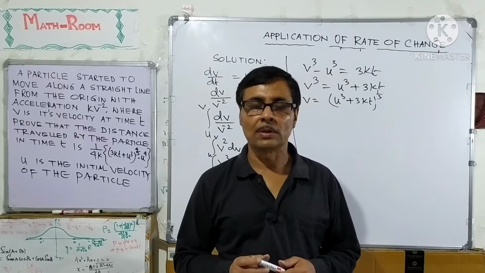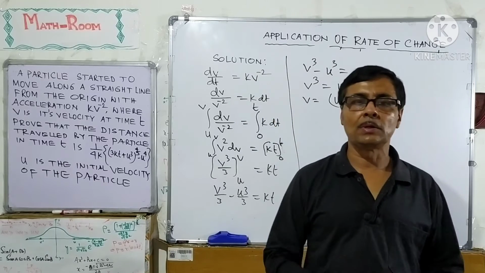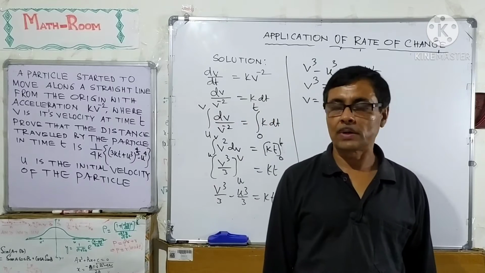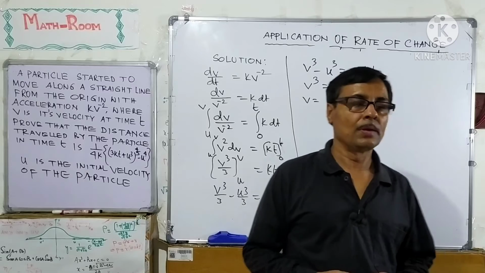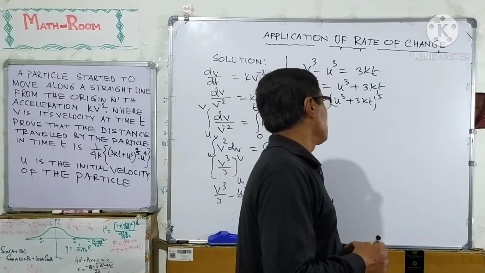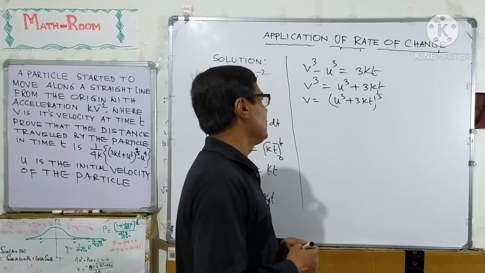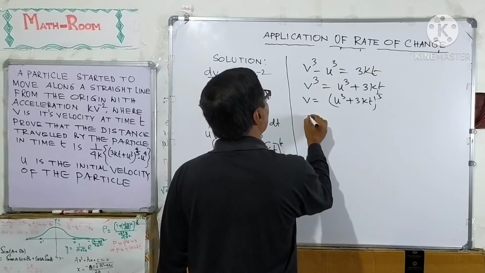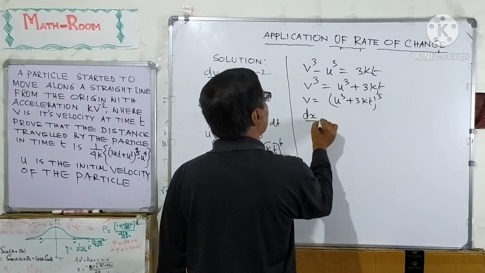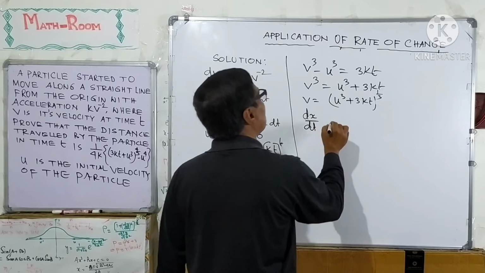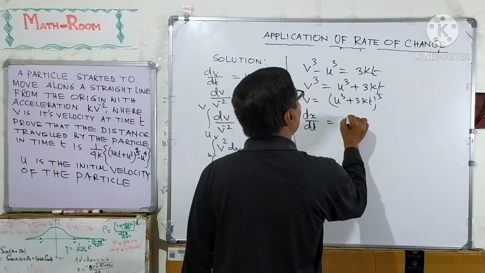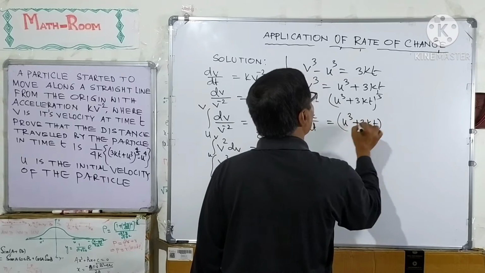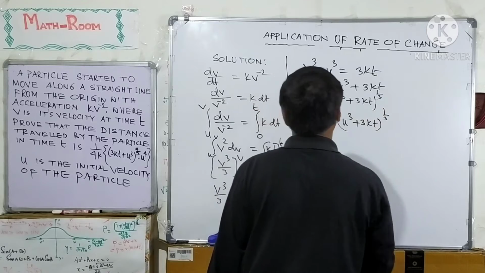If the displacement of the particle at time t is x, then we can write v equal to dx/dt, that is dx/dt equal to u cube plus 3 kt to the power 1 over 3.